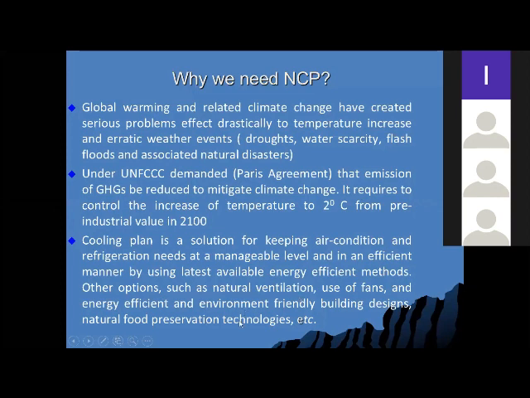Now, building construction and all engineers need to know how to use natural ventilation, natural lights, maybe fans, energy efficient environment friendly building designs. Okay, it's a must. Natural filtration technology also has to be improved. So therefore, try to reduce consumption of energy.